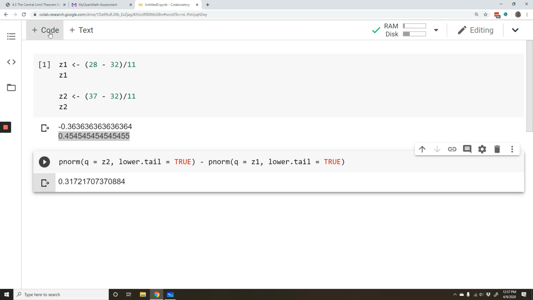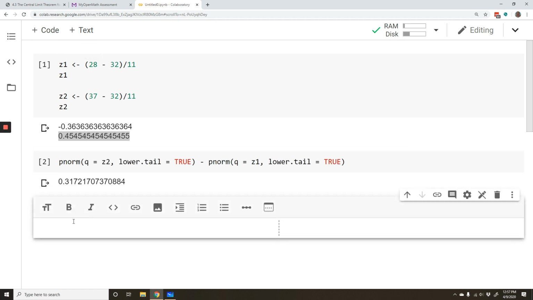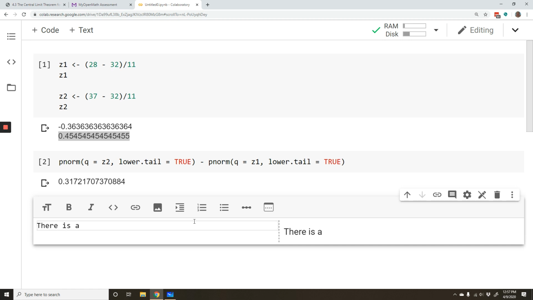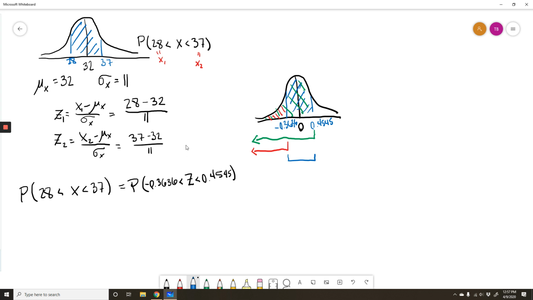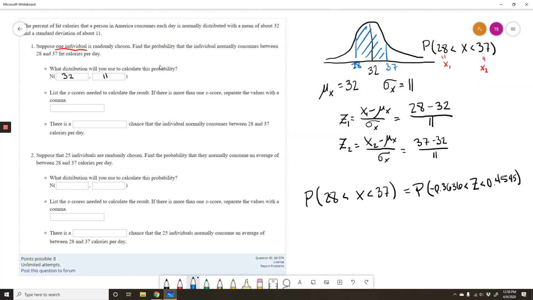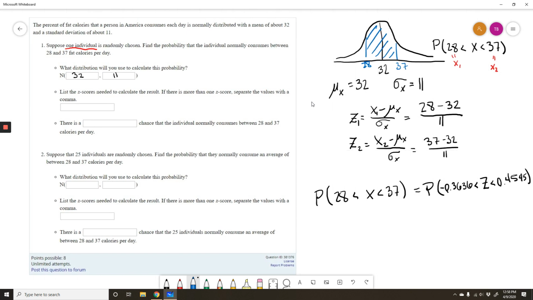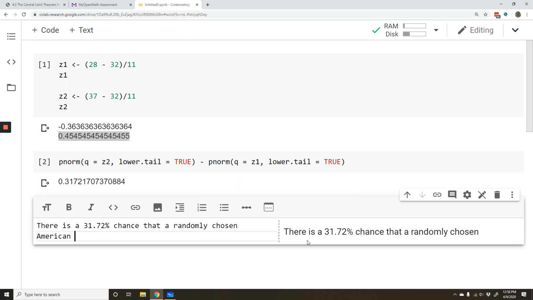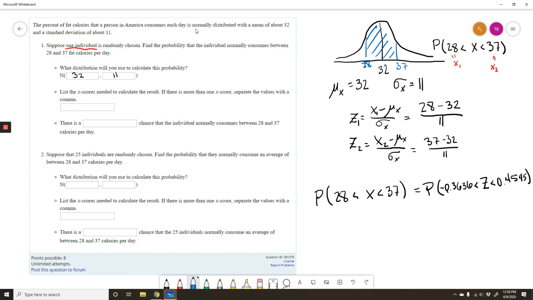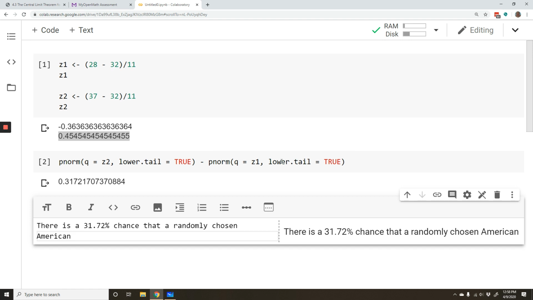Okay, there it is. So the way we'd interpret that is, there is about a 31.72% chance that a randomly chosen American consumes between 28 and 37 fat calories per day.